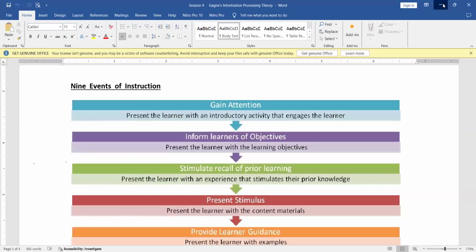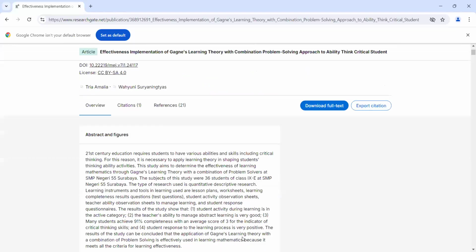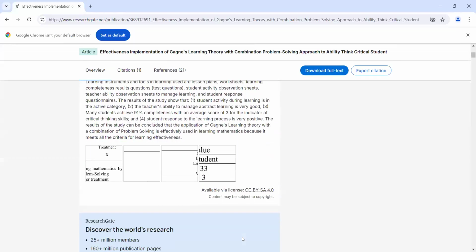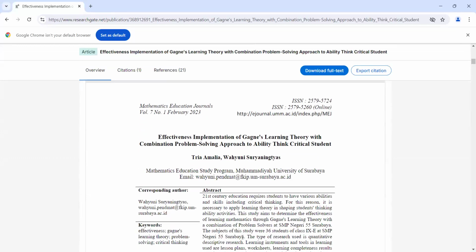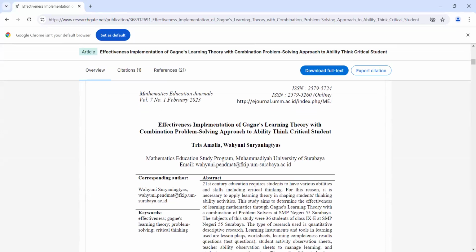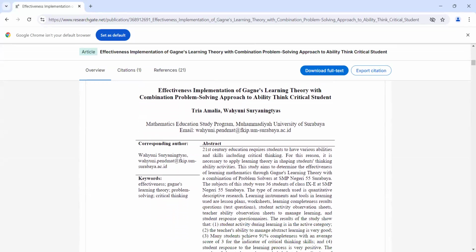I'm actually sharing it with you now. Here there is an abstract that you can see: effectiveness of implementation of Gagné's learning theory with a combination problem solving approach to students' critical thinking ability. Their English is very poor. I don't know why this is actually published in a paper like this, but you can see.